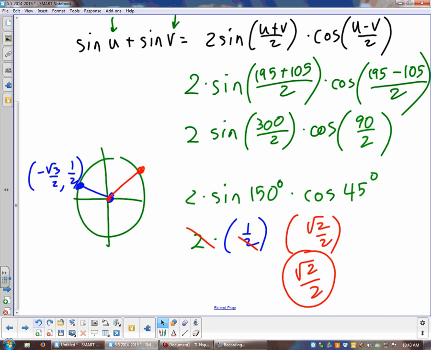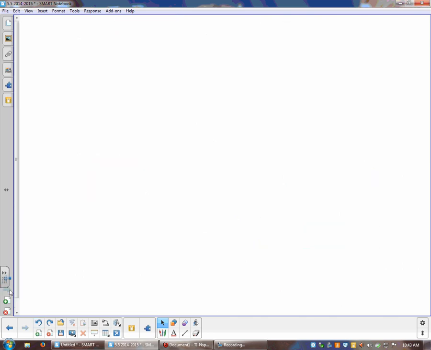A place kicker for a football team can kick a football from ground level with an initial velocity of 78 feet per second. At what angle must the player kick the football so it travels 188 feet? All right, this formula for the projectile model, what was it, 1/16? Is that right?